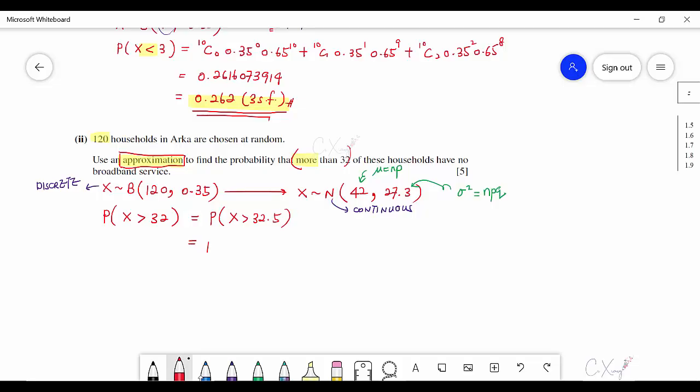Since this is now a normal distribution, to find the probability you need to standardize it, changing it to Z. To standardize, you minus the mean, divided by the standard deviation.